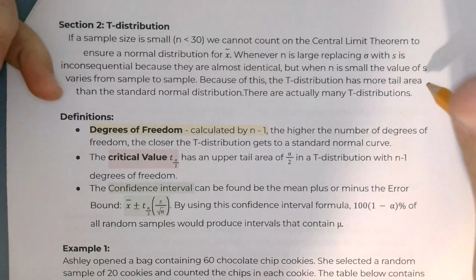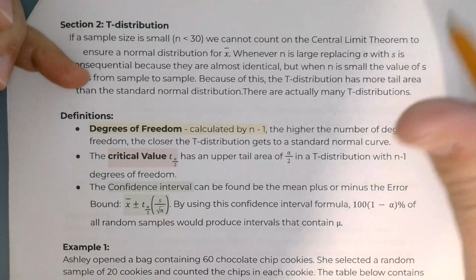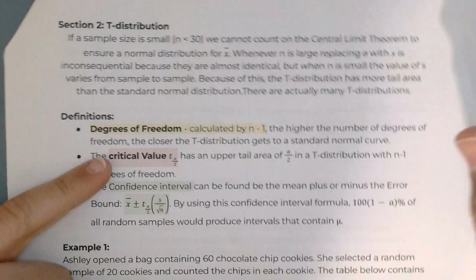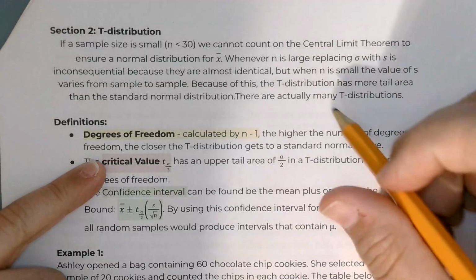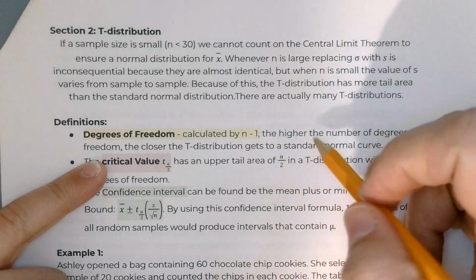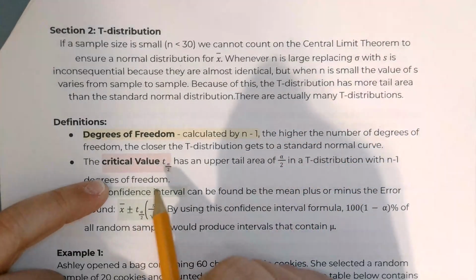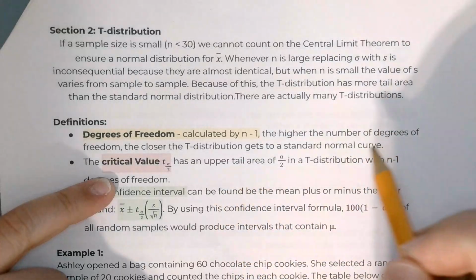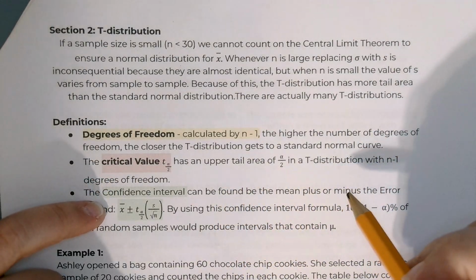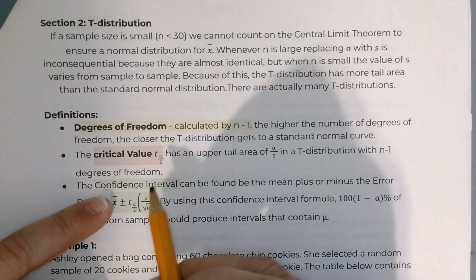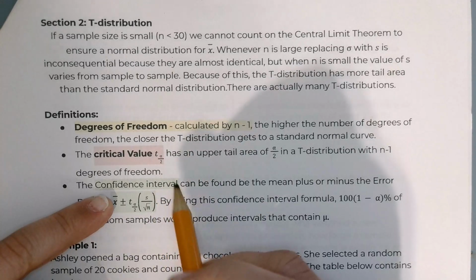It has more tail area than the standard normal, so it's not following the empirical rule. We use what's called the degrees of freedom to figure out which distribution we're using, so that's n minus 1. Our critical value, instead of a z value, is t alpha over 2, so it's still a two-tailed test. We're just using a t for t-distribution instead of z for normal.